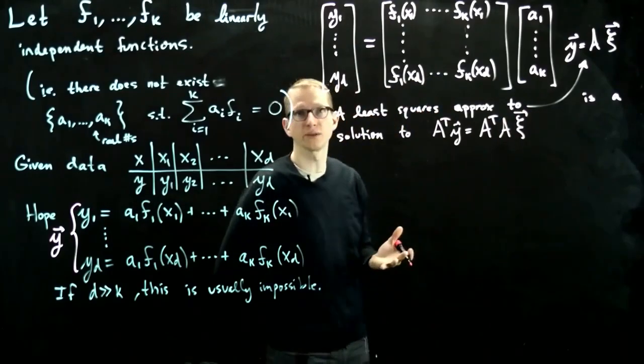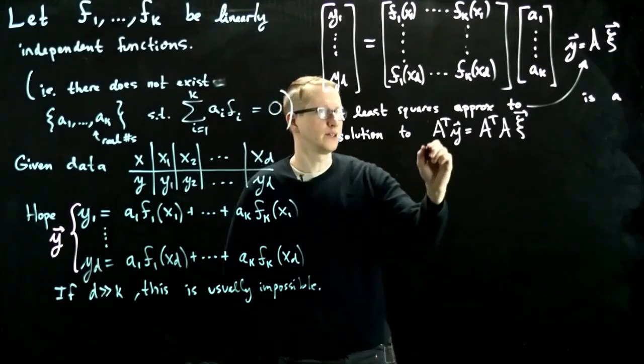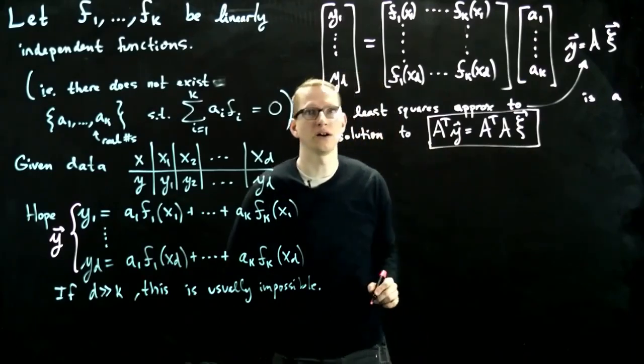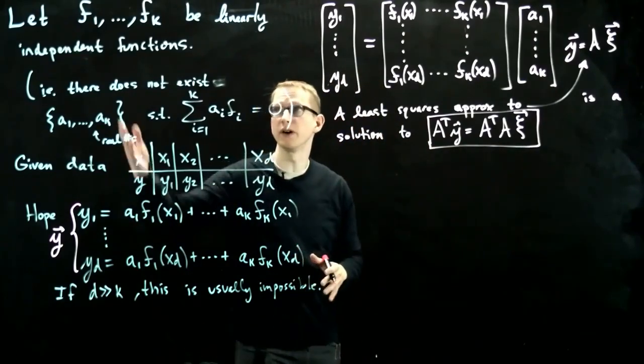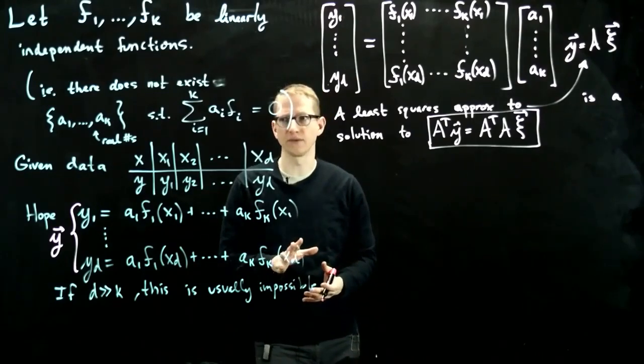So just apply A transpose on the left on both sides. And this is generally what we're going to solve for, and this will be fitting our data to the set of functions defined by these. But there are a few restrictions that have to be made.